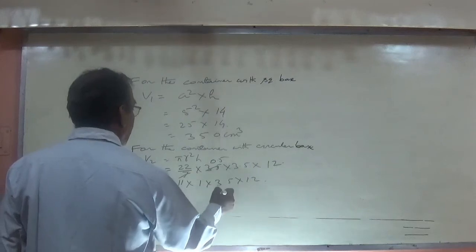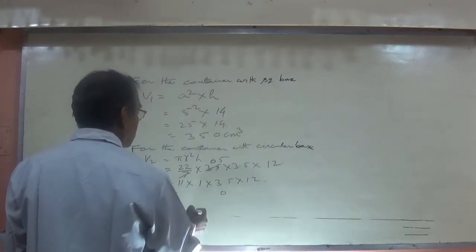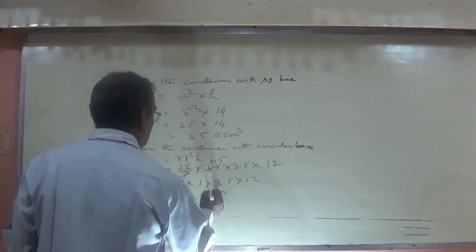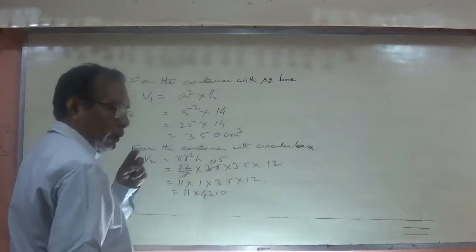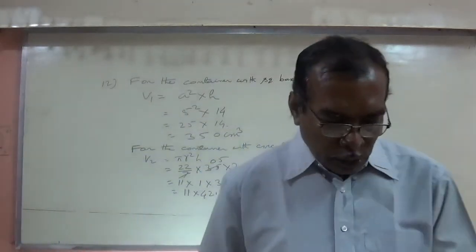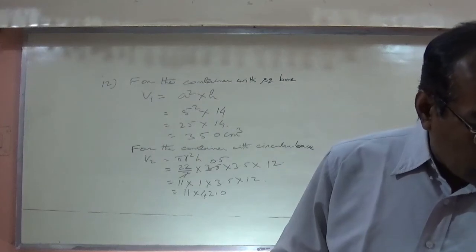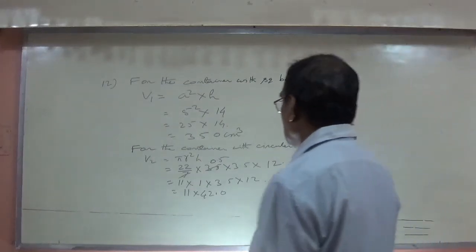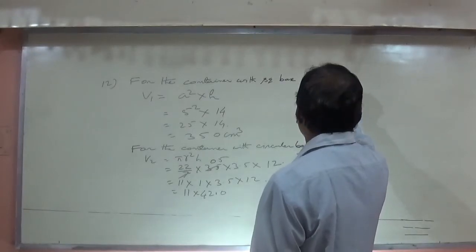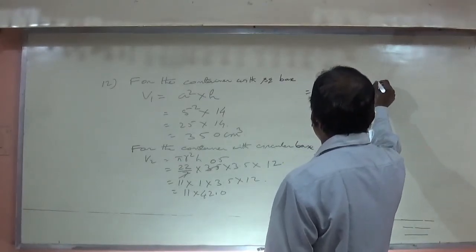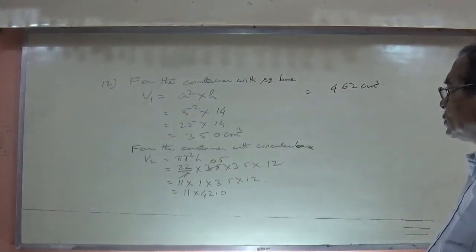Now 12 fives are 60, carries 6. 42 into 11. If you multiply this, you get 462 centimeter cube. You are finding that in front of you only; I have taken all these calculations.